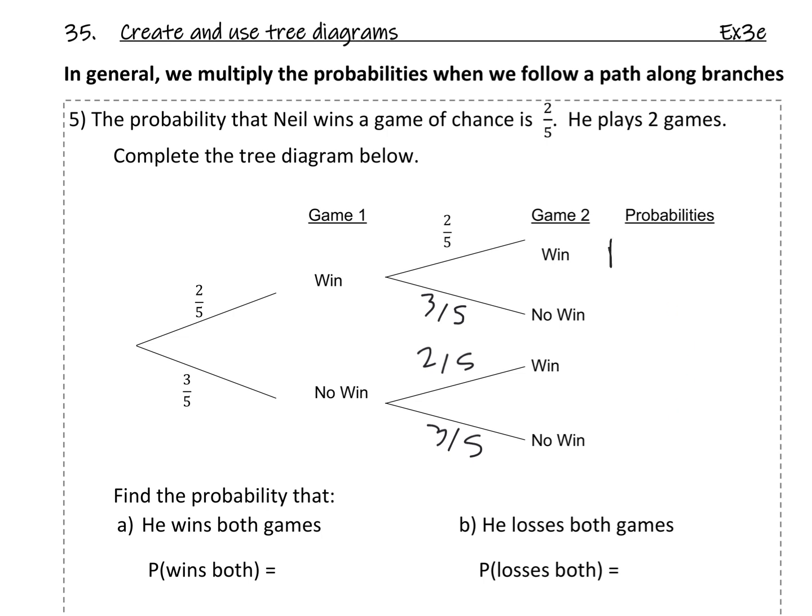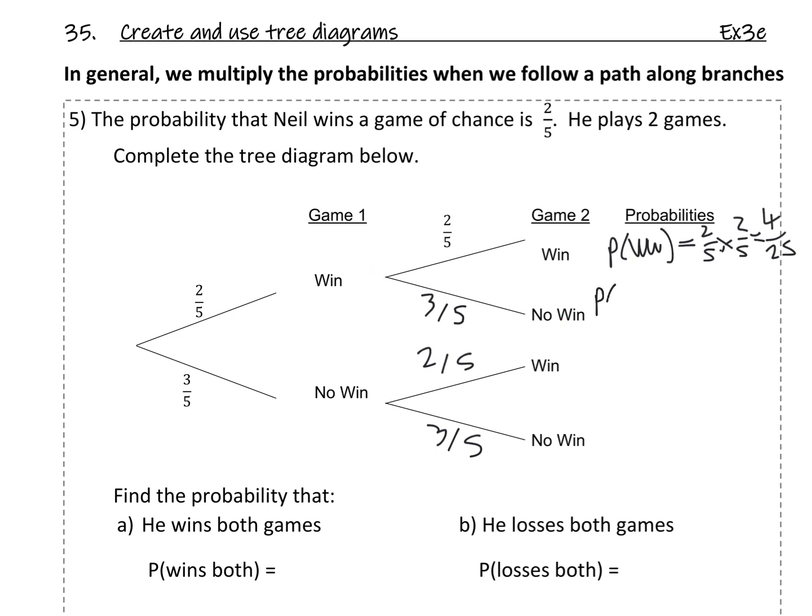The probability of win-win is this path here. Win in the first game, win in the second game. So that is 2/5 times 2/5, which gives you 4/25 when you multiply the numerators and the denominators. Okay, the second option is you win the first game, but then you lose the second game.